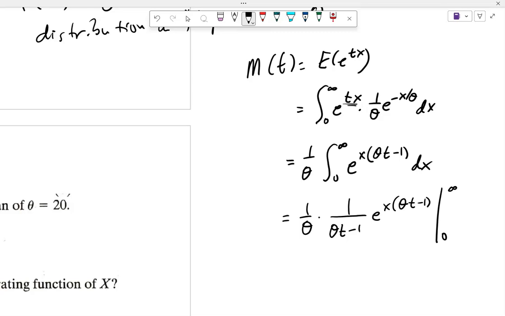Extra theta. Oh, no. I'm okay there. Put in 0 for x, and I've got an extra theta flying around here for some reason. Where is my theta?